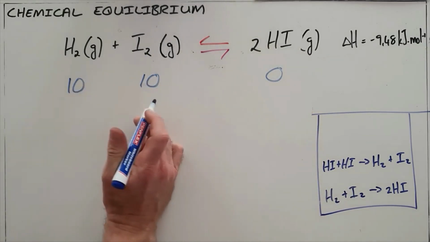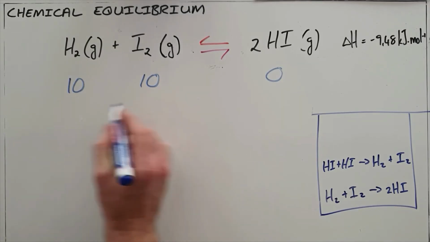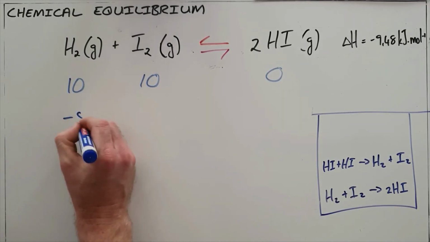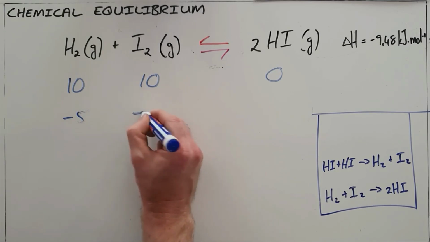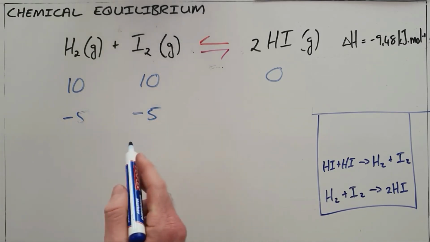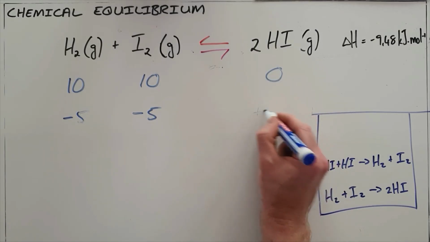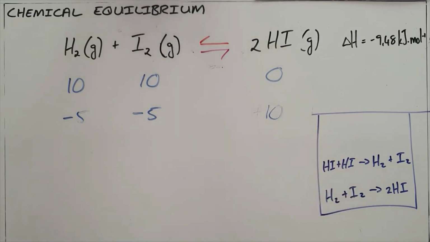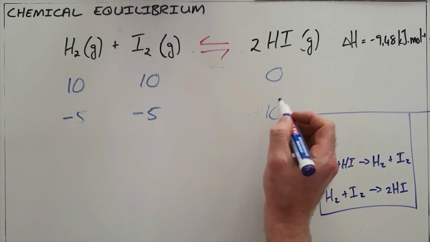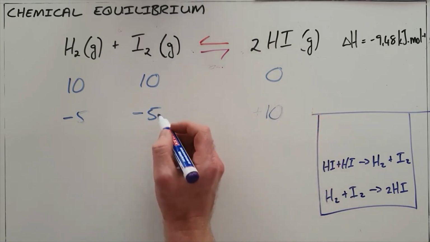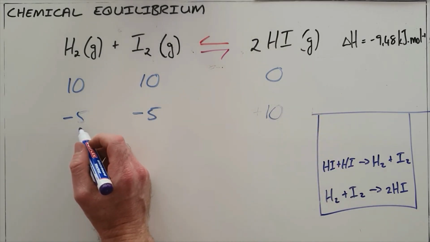We know that these react with each other in a ratio of 1 to 1, so let's say that 5 hydrogen molecules react, at the same time 5 iodine molecules react, we know that it produces twice as many hydrogen iodide molecules, which means that we produce 10 hydrogen iodide molecules. Now at this point, there are enough hydrogen iodide molecules for the reverse reaction to start, which means that now we have hydrogen iodide that is being used up to produce hydrogen and iodine.